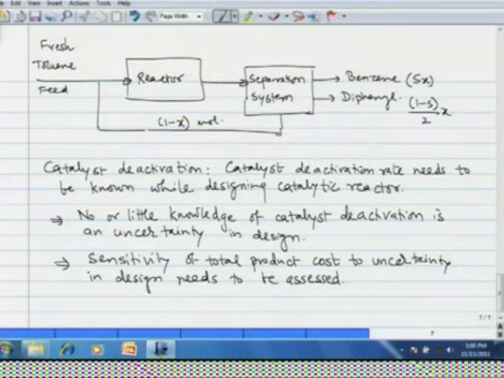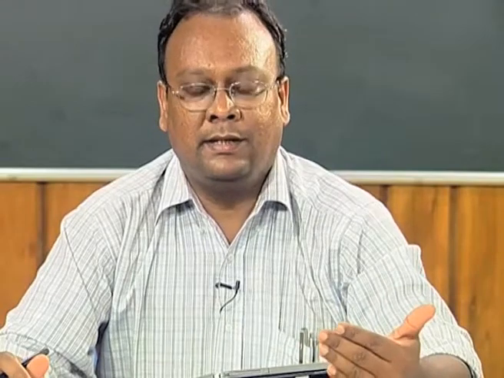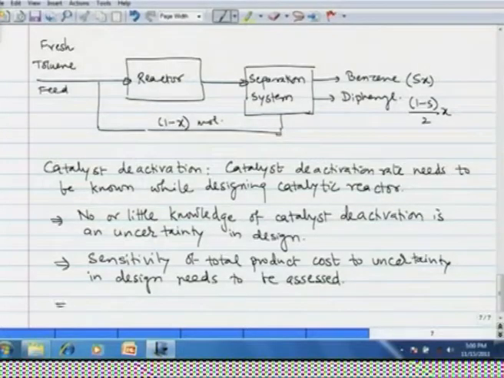Now, as the design proceeds, the research and development section of the company may carry out simultaneous experiments, and maybe in later stages of design, greater knowledge of these uncertainties is available. In that case, one needs to repeat the calculation for a better process design.